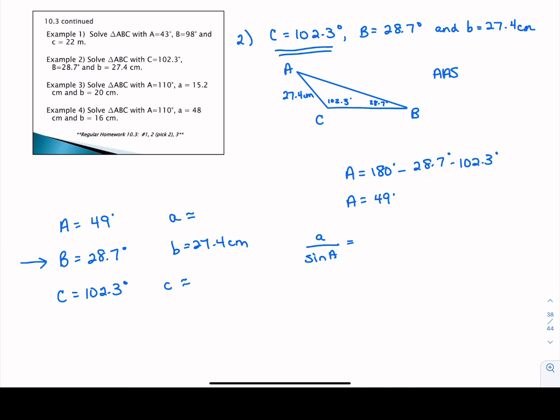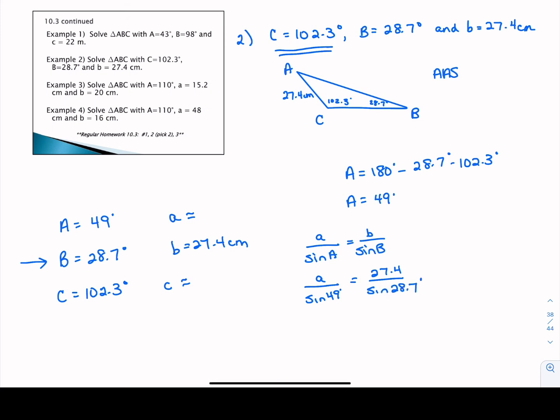We have all of the information associated with B, so we can use b and sine B as the second half of our equation. So a divided by sine A becomes a divided by the sine of 49 degrees, and b divided by sine B is going to be 27.4 centimeters divided by the sine of 28.7 degrees.